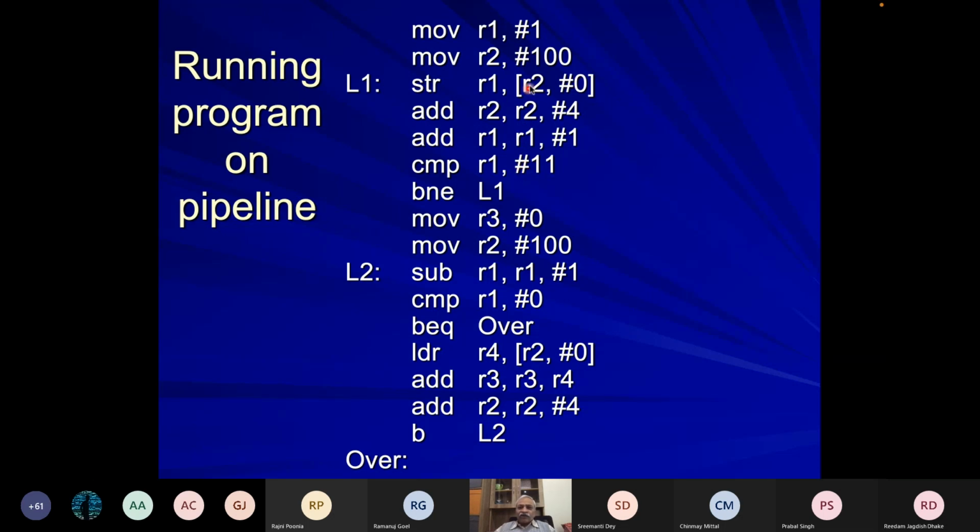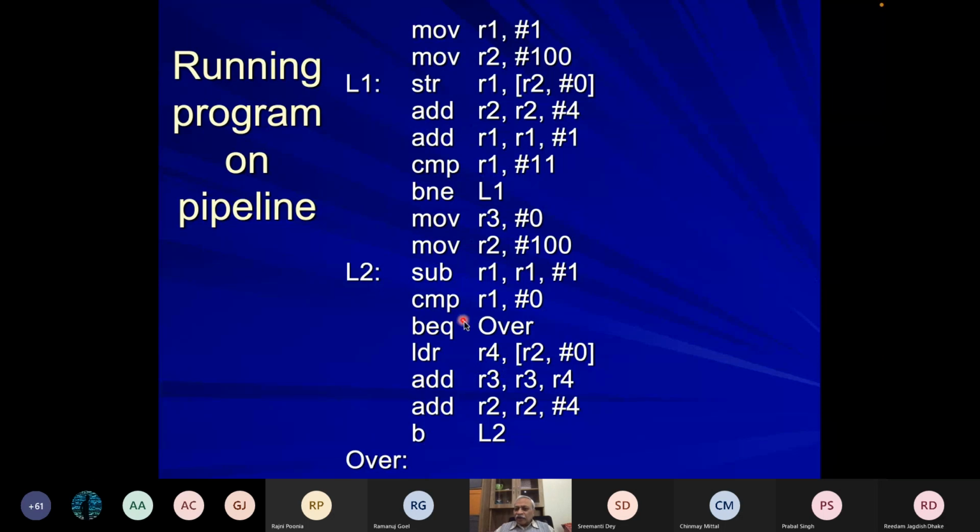So 1 to 10 are stored in location 100 onwards. Then the next part of the loop is actually counting down. R1 you could see is decrementing and you're checking for 0. So in the second loop, we are reading those values back from memory and accumulating them in R3.